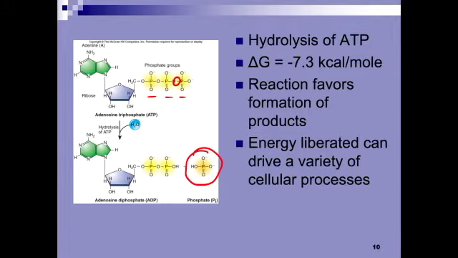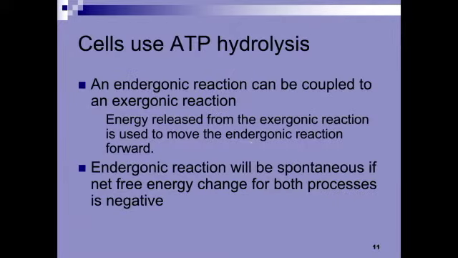As a matter of fact, there are 7.3 kilocalories per mole of energy stored in this chemical bond between the last phosphate and the oxygen on the middle phosphate group. This reaction is favorable to the formation of product. We want a delta G to be negative in order for our reaction to move to the right. We can use this energy to drive all kinds of processes.